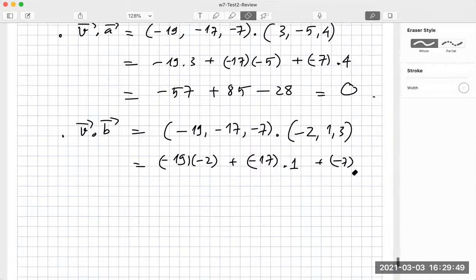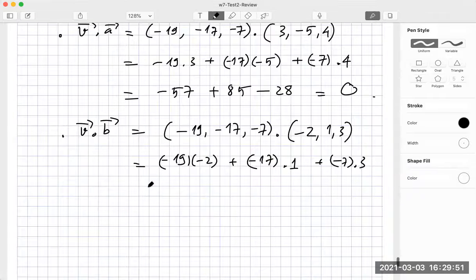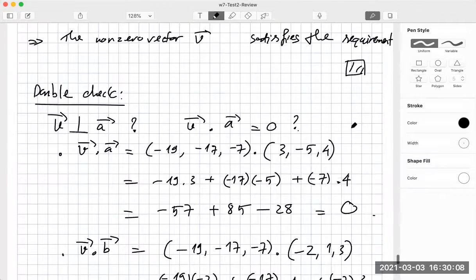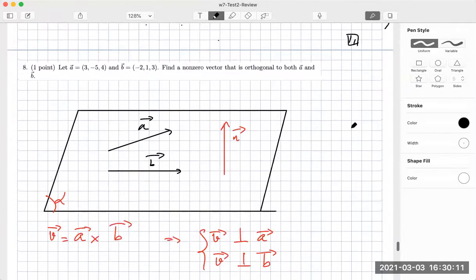So it will be 38, negative 17, negative 21. Yeah, correct. It's 38 minus 38 is 0. Okay, so we are done with question 8.